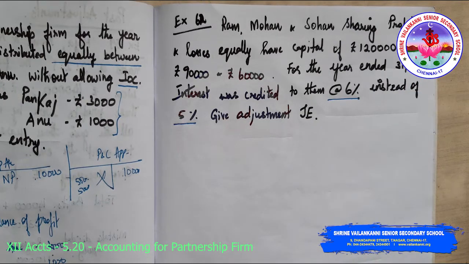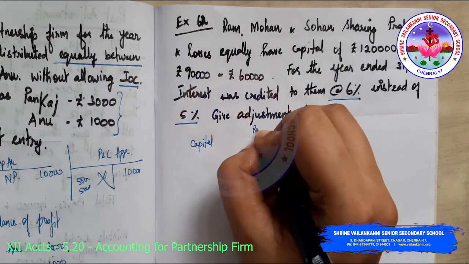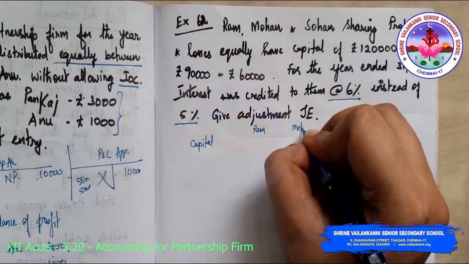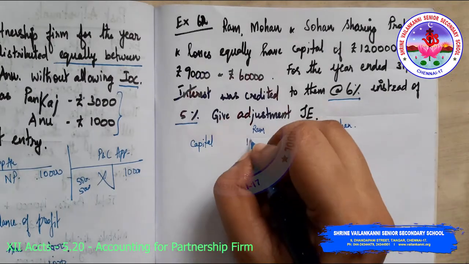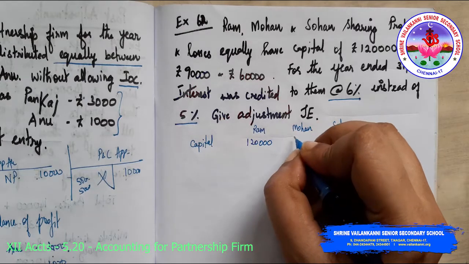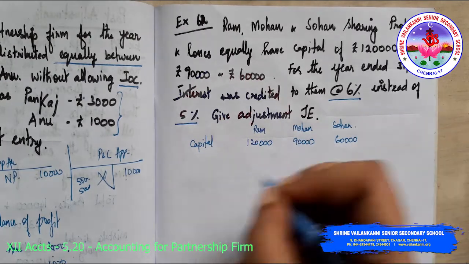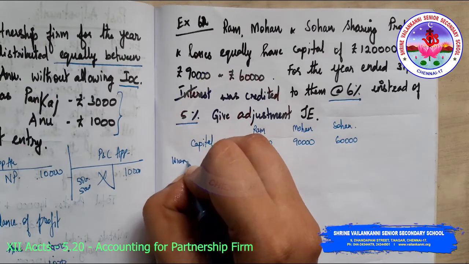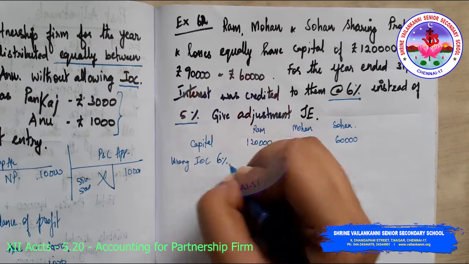So how to rectify this? So capital of Ram, Mohan and Sohan. How much is the capital? 1,20,000, 90,000 and 60,000. Wrong interest on capital is how much? 6%.